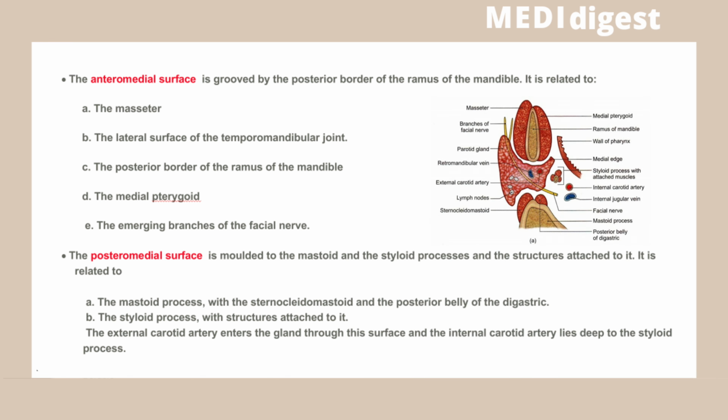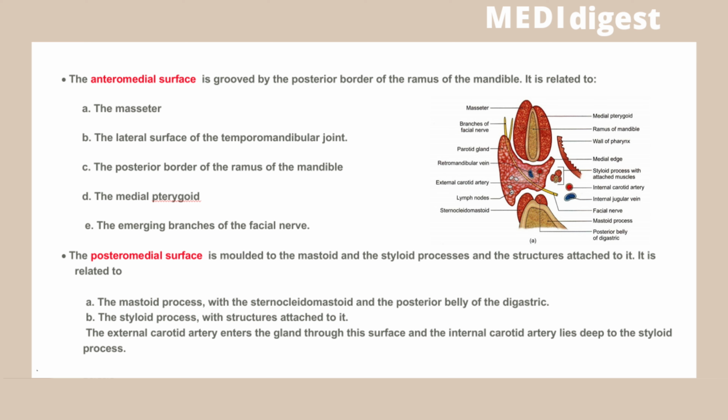The anteromedial surface is grooved by the posterior border of the ramus of the mandible. It is related to the masseter, the lateral surface of the temporomandibular joint, the posterior border of the ramus of the mandible, the medial pterygoid, and the emerging branches of the facial nerve.